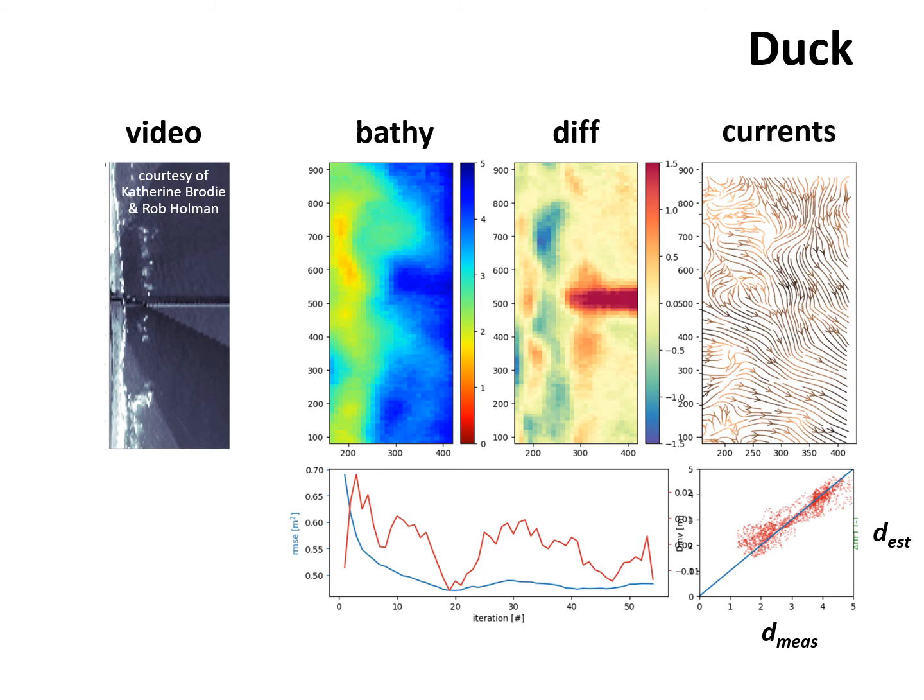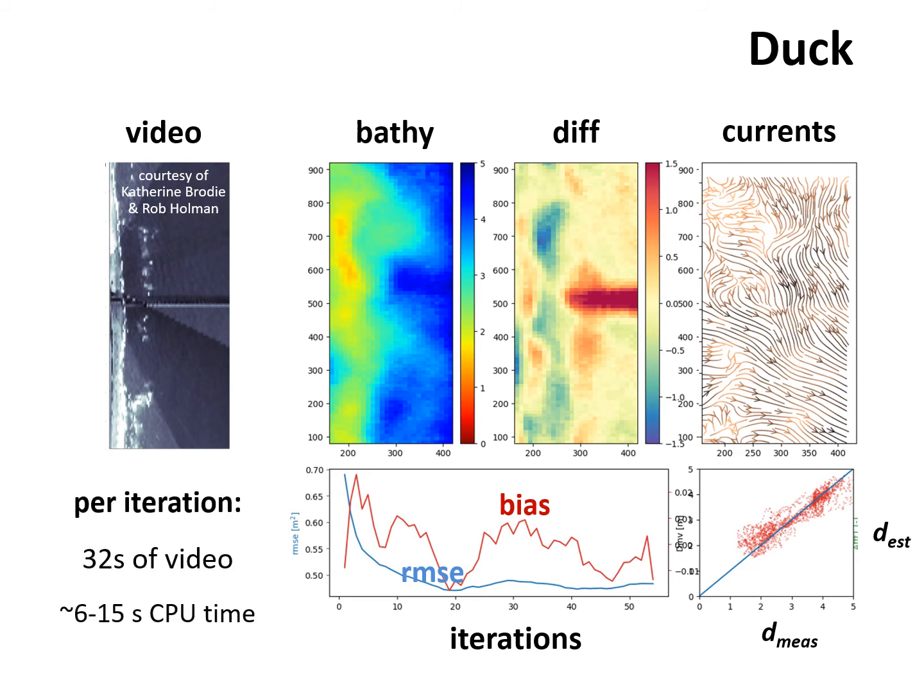Then on the top right, you see the surface current patterns we estimate. And on the bottom left, you see bulk values for the root mean square error and the bias as they evolve over time, so over iterations in this case.